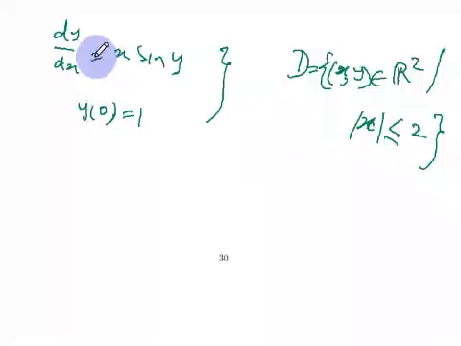Hey guys, let's consider more examples. So this is an initial value problem: dy/dx is equal to x times sin(y), and the initial condition is y(0) = 1. The domain is all points in the infinite plane such that the modulus of x is less than or equal to 2.